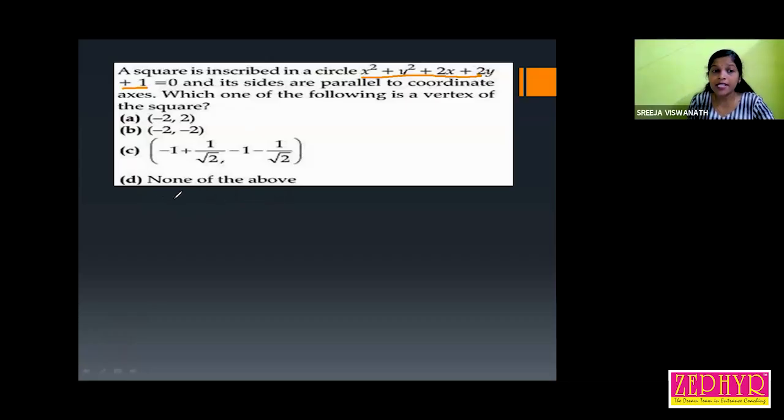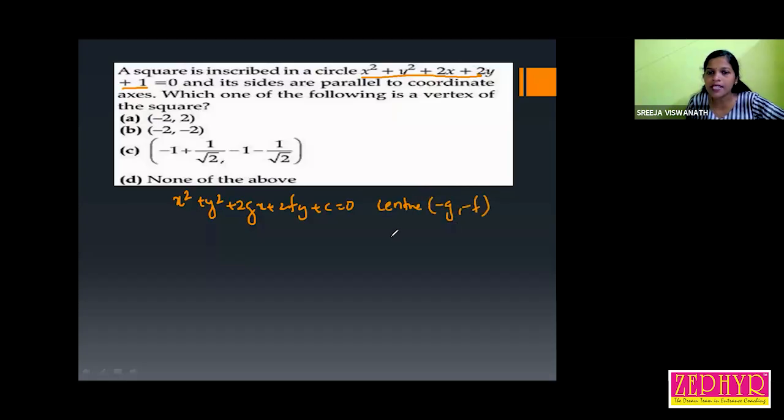Center minus g minus f. If the equation is x square plus y square plus 2gx plus 2fy plus c equal to 0, this is a general form, then center equal to minus g minus f and radius equal to root of g square plus f square minus c.